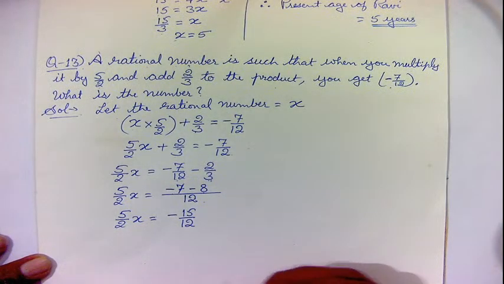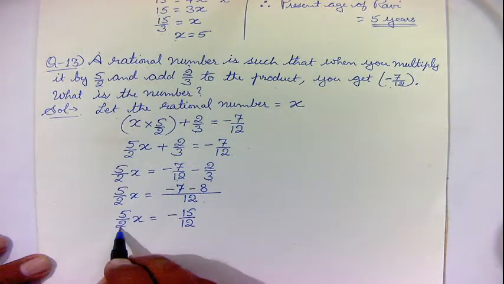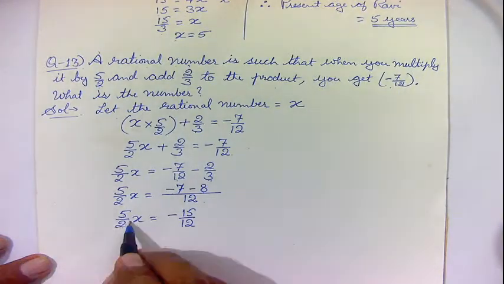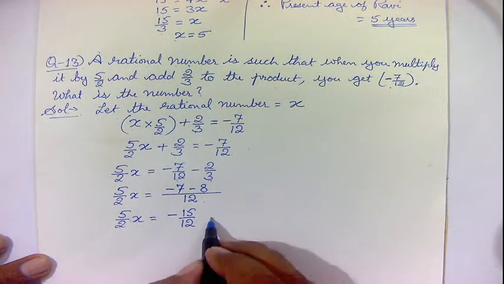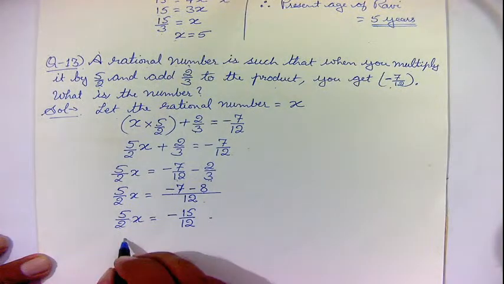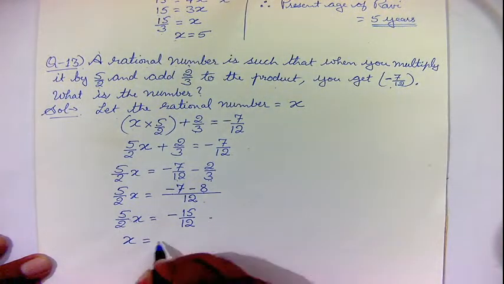upon 12. Now this 5 upon 2, it is multiplied with X, it is a factor here of this term. So this, when you transpose it to the right side, multiplication gets converted into division, and division can be written in the form of multiplication itself.